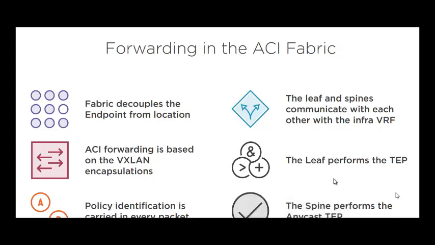We learned VXLAN, in which you did everything manually: EVPN for the control plane, multicast address for the flooding. But ACI does the same VXLAN at a very advanced level, with more advanced things embedded.